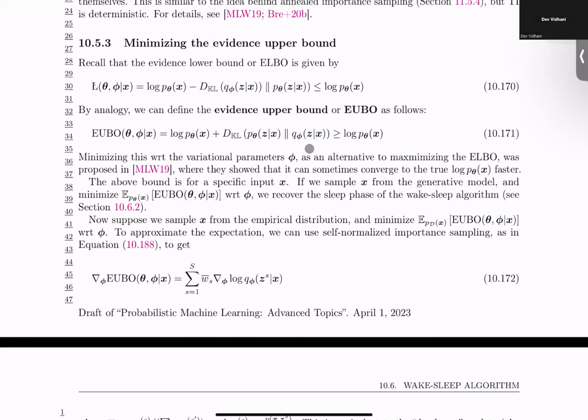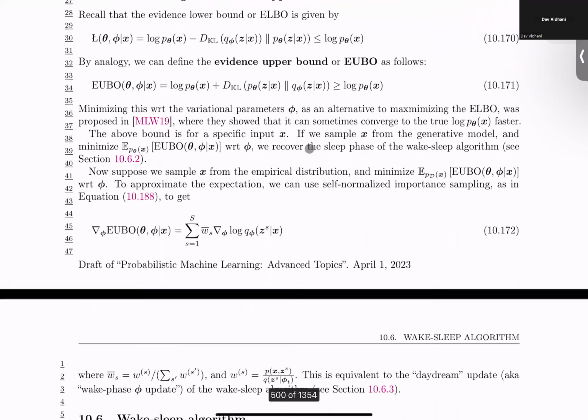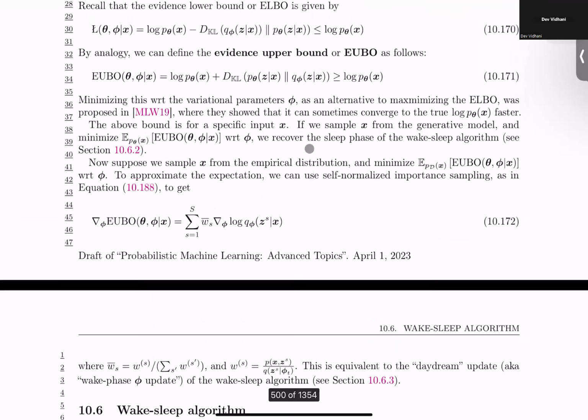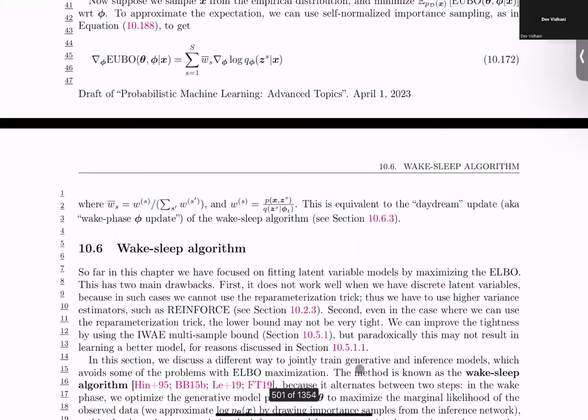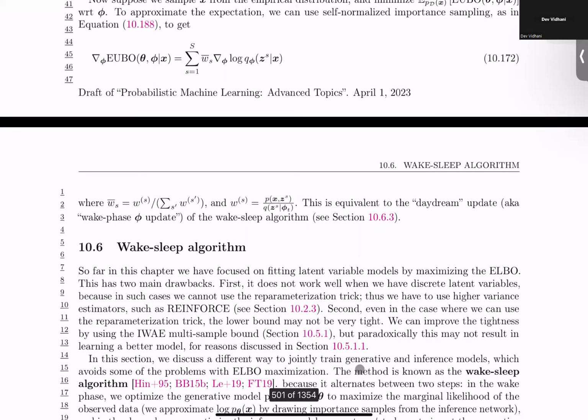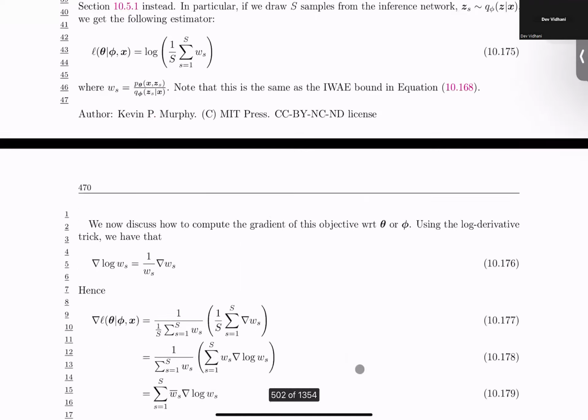What are different ways of using divergences here? And again, they have caveats. For one, they have the description of the whole algorithm below, the wake-sleep algorithm. But again, just like other sections, it comes with caveats on when it applies and when it doesn't.